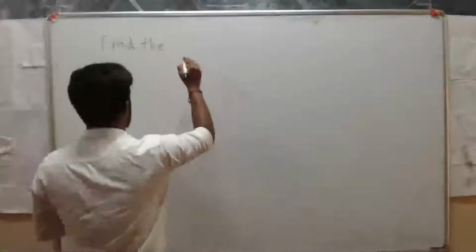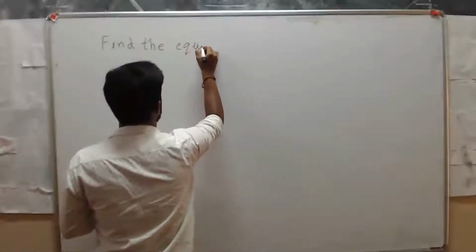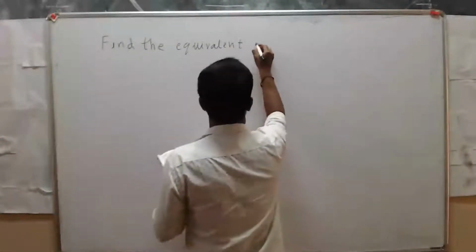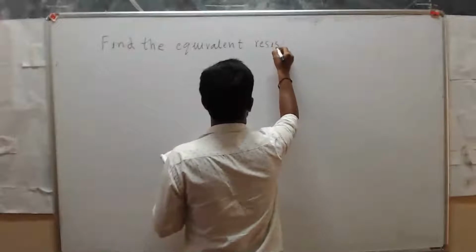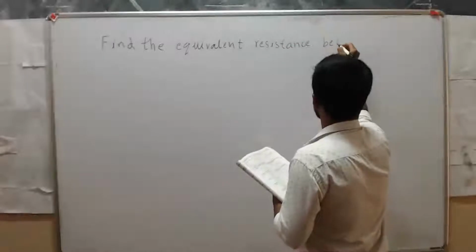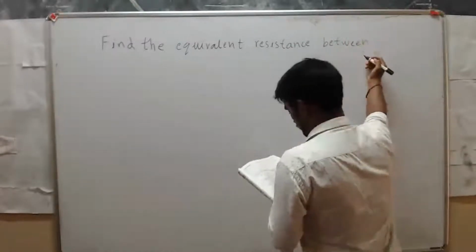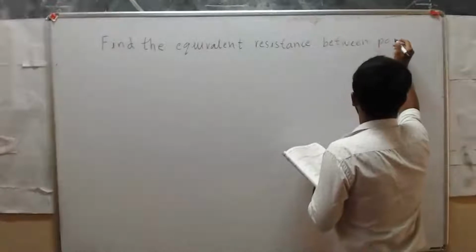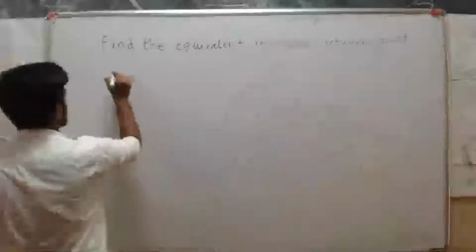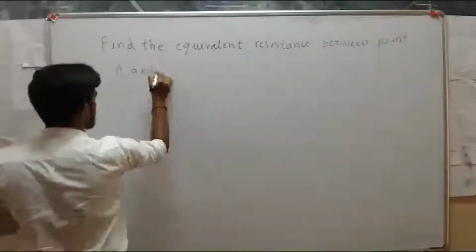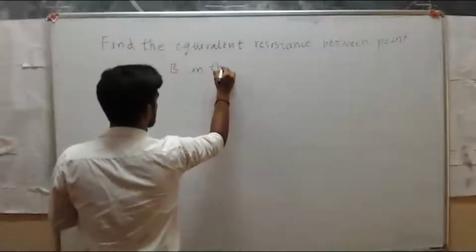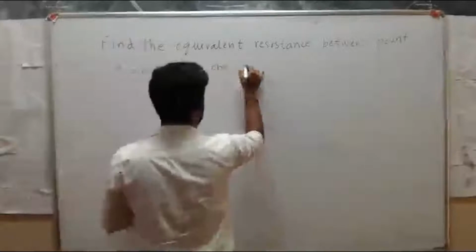Find the equivalent resistance between point A and B in the given circuit.